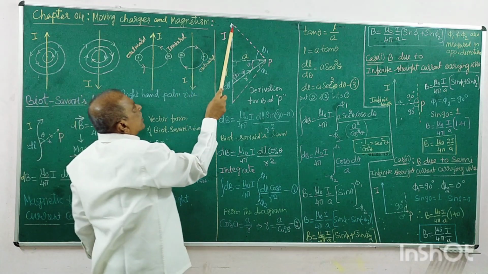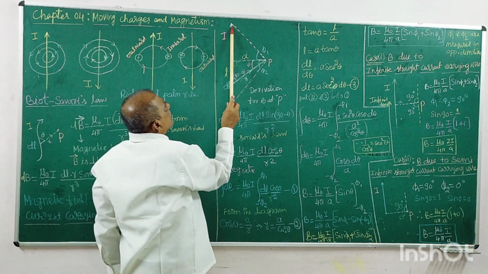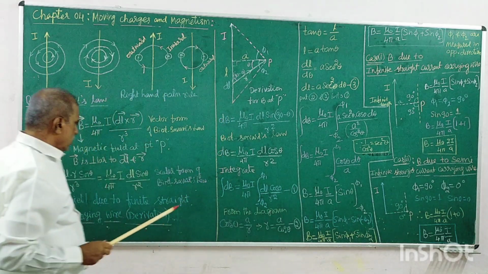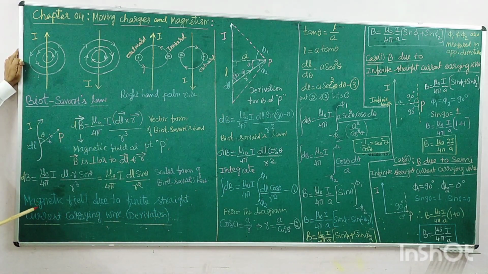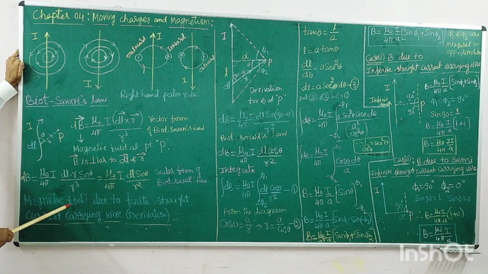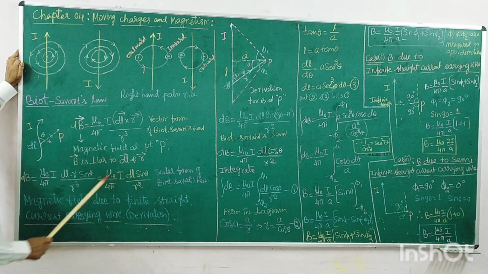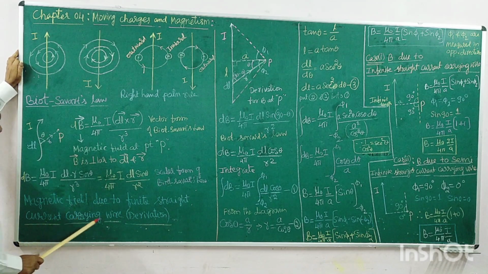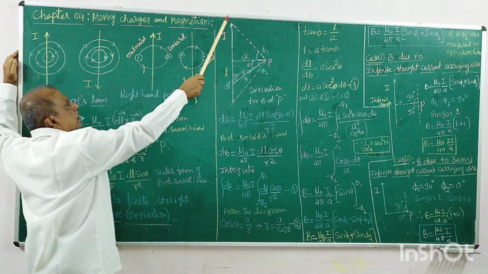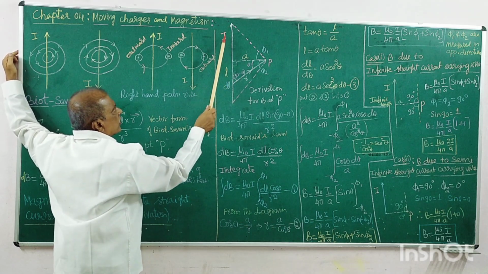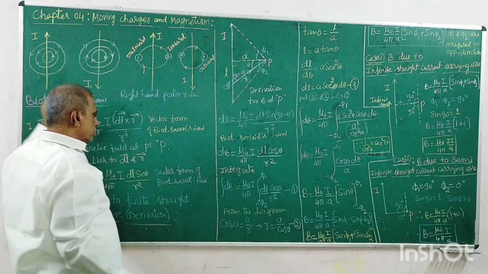So here I have taken a finite length of the current carrying conductor. We are deriving the magnetic field at a point due to a finite straight current carrying wire. Finite means it has some finite length L. I is the current in the conductor.